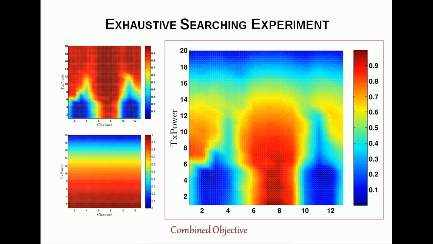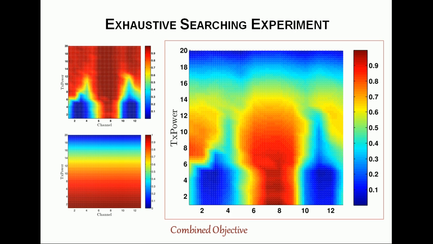The color bar indicates the respective objectives on a scale of 0 to 1, as you can see, from blue to red. So if you see red, it means you have the best performance, and if you see blue, it tells you that you are at the worst performance.